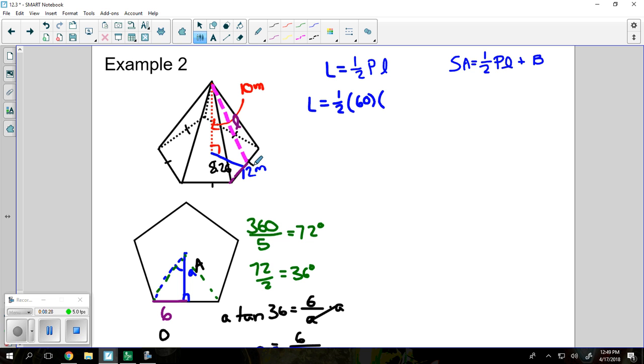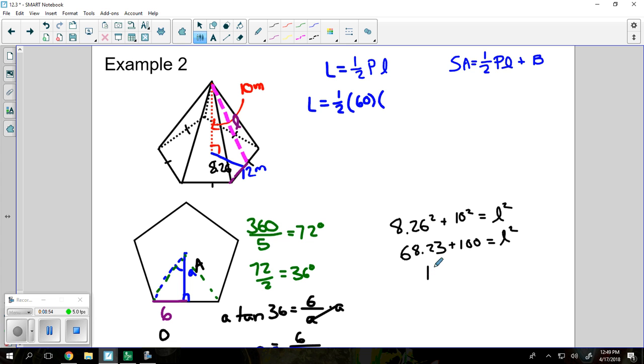So to get the slant height, Pythagorean theorem would work. So I could do 8.26 squared plus the other side, 10 squared, equals our slant height squared. So 8.26 squared gives me, again, let's go at least to the hundredth, 68.23, plus 10 squared, is 100.